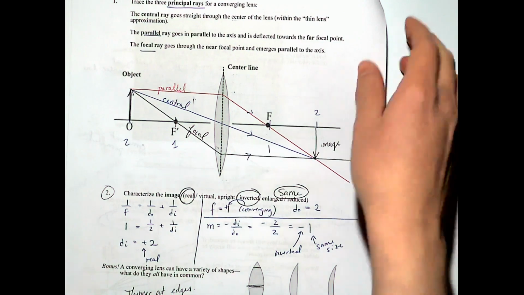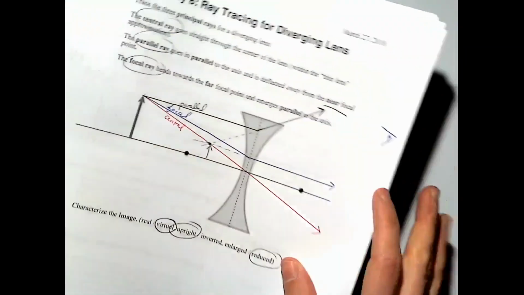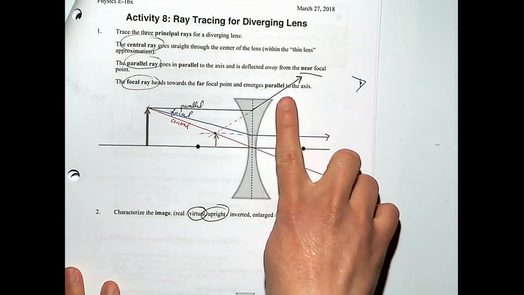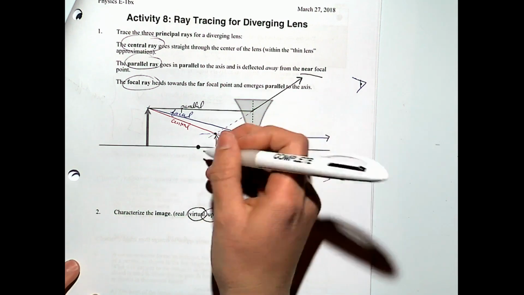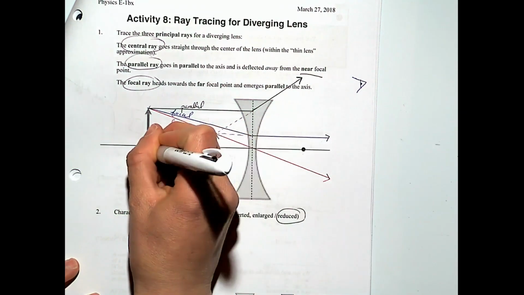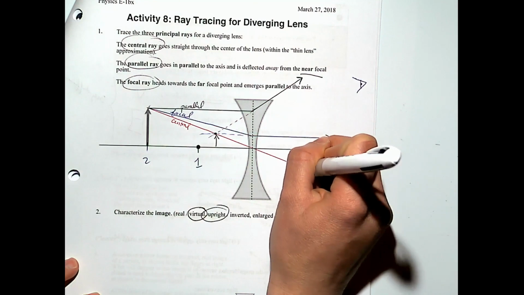Okay, so I'd like you guys to try doing the math for the diverging lens real quick. Oh, you want units? Jeez. All right. Let's make this a 1, and let's make this a 2. So that means this is also a 1.